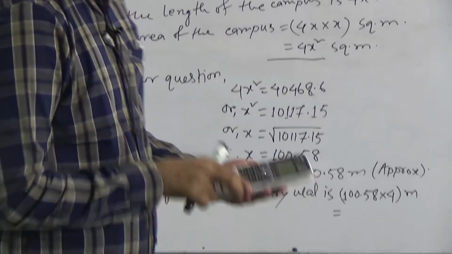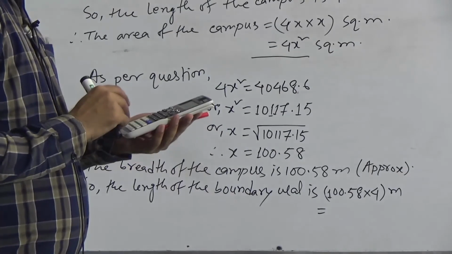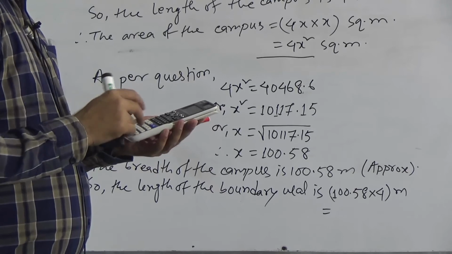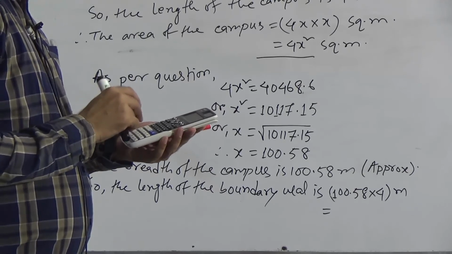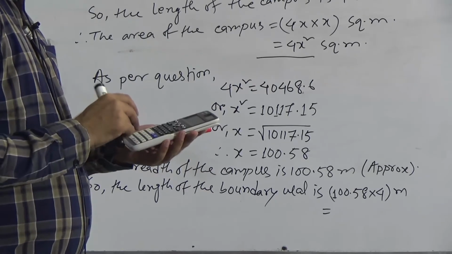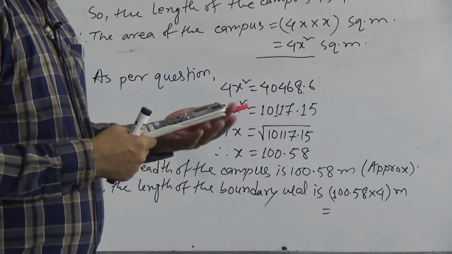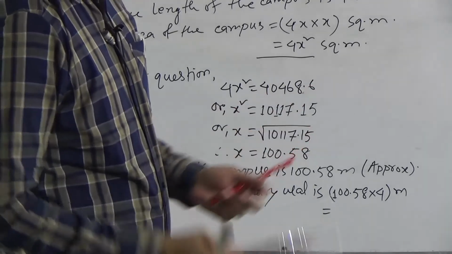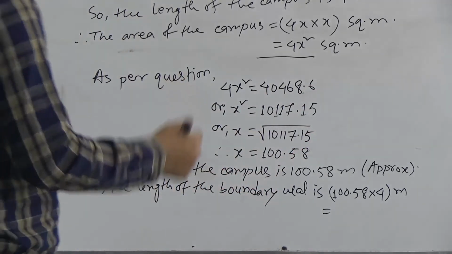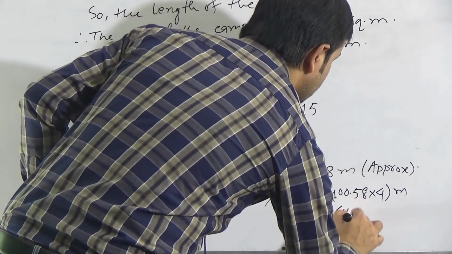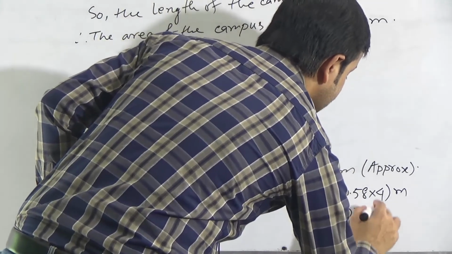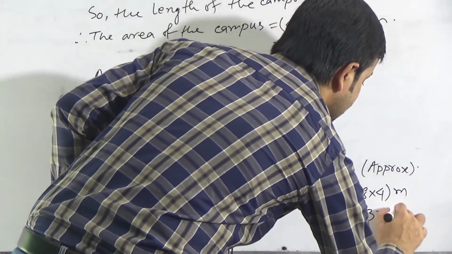So we have to multiply this by 4. 100.58 multiplied by 4, you will get 402.32 meter.